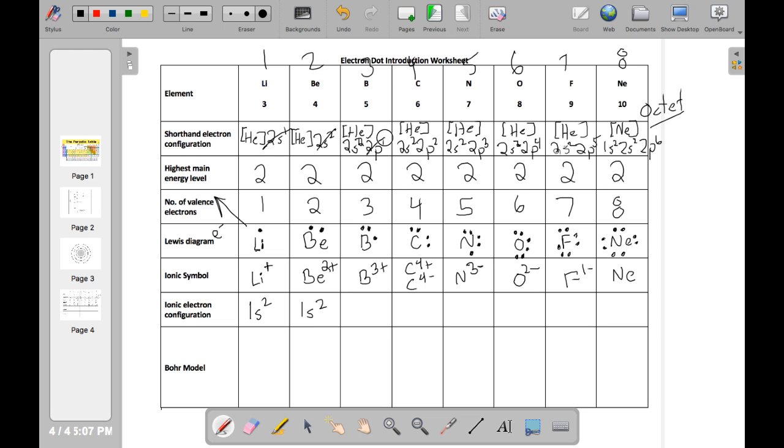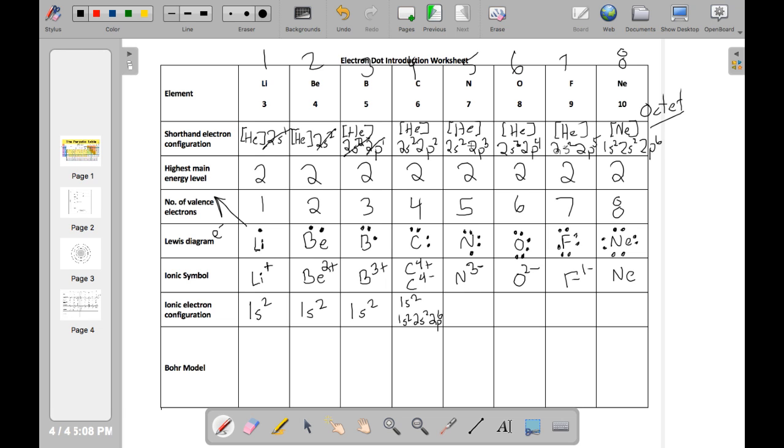Boron's going to lose 3 and be just like helium, 1s2. And well, carbon could do all sorts of things. So it could be 1s2, or it could be like neon, basically. So it could be like 1s2, 2s2, 2p6, which is sort of strange.